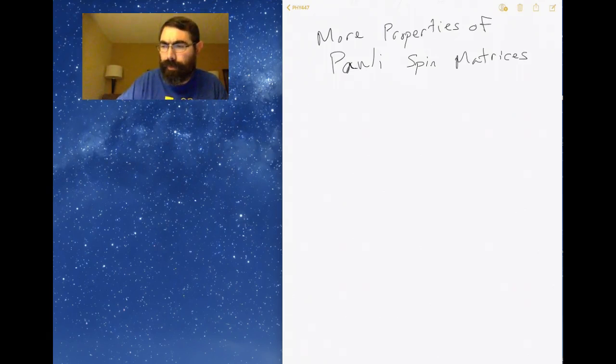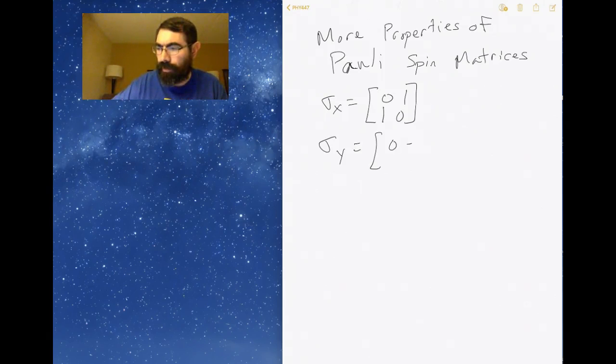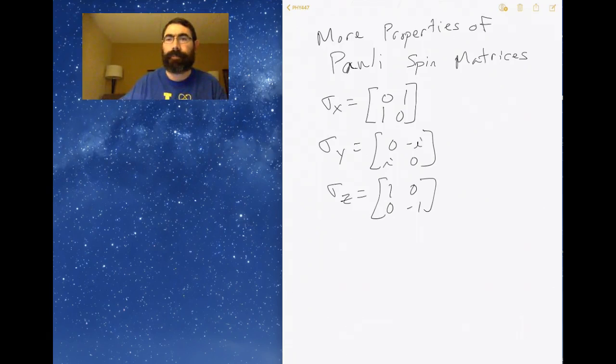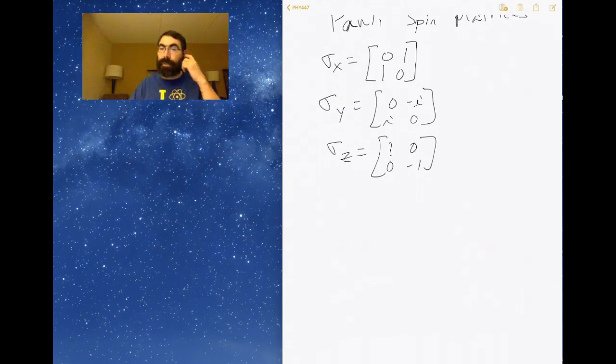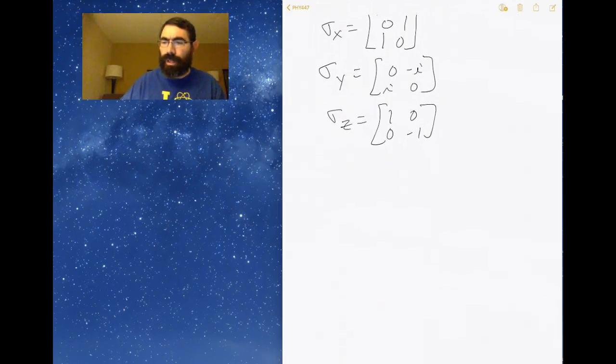And just to recap, these matrices are, so this is going to be our choice of the matrices. Now it doesn't have to be, but this is the choice that we're going to use.